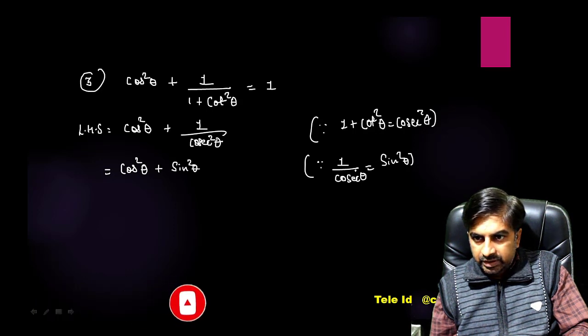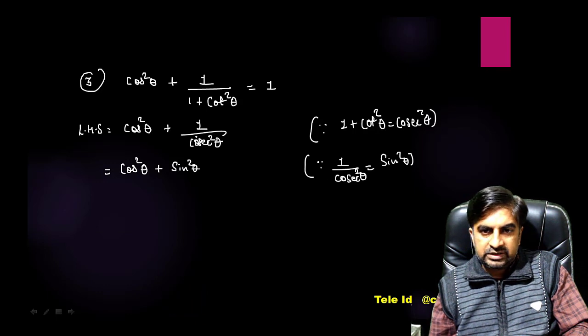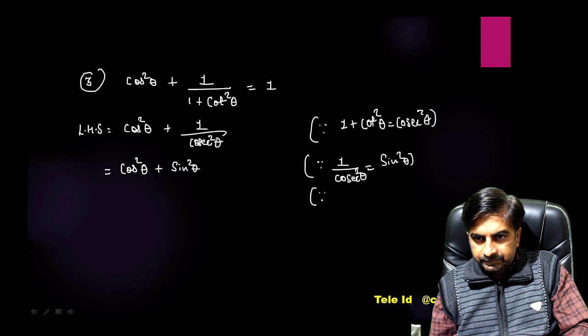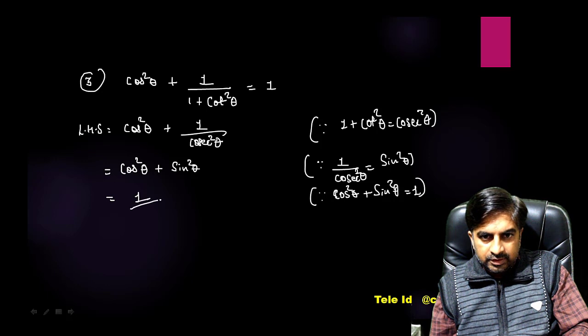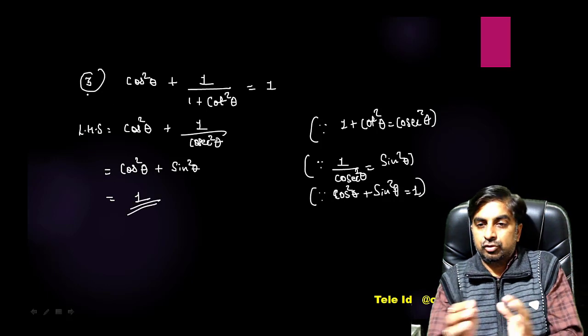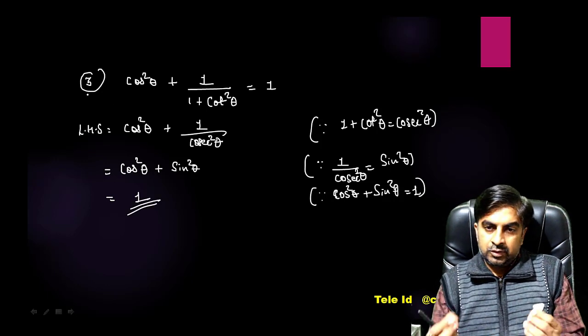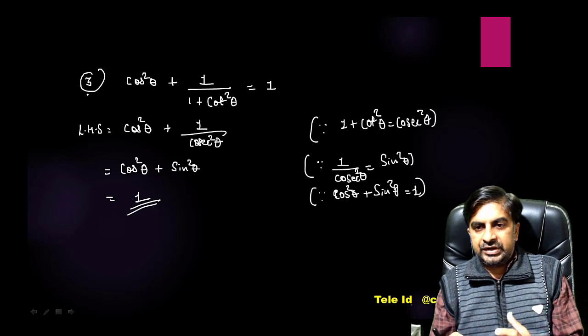Sorry, here square, if I put square then I will get square here. If 1 by cosec then only sine, but here square is there. So now we know, since again cos square theta plus sin square theta is equals to 1. So I'm going to keep 1 here, and this way easily we can solve LHS equals to RHS. So here few basic questions were there, guys.